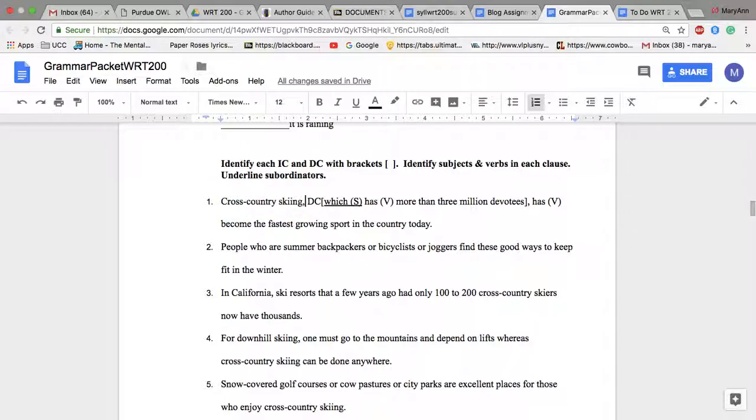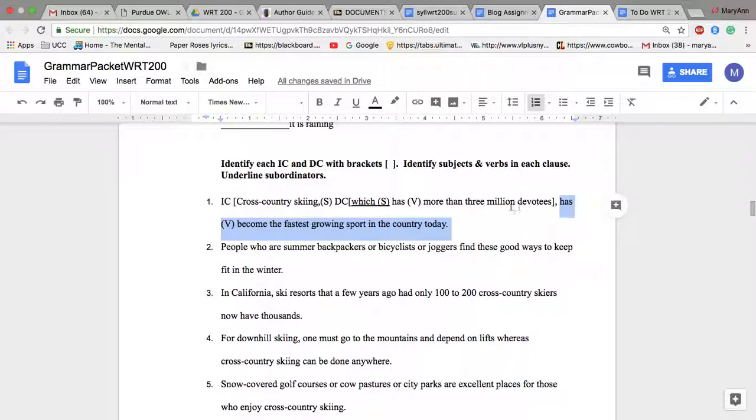So let's mark that as our subject. And then we need to mark that as the beginning of our IC. So the IC is cross-country skiing has become the fastest growing sport in the country.